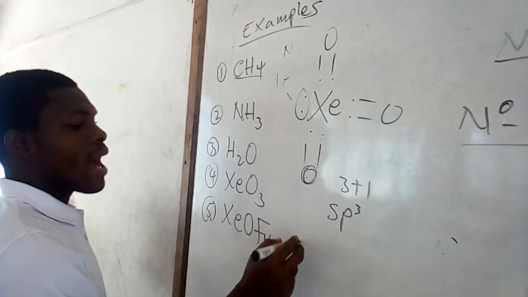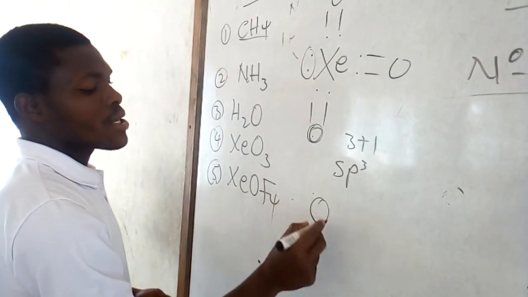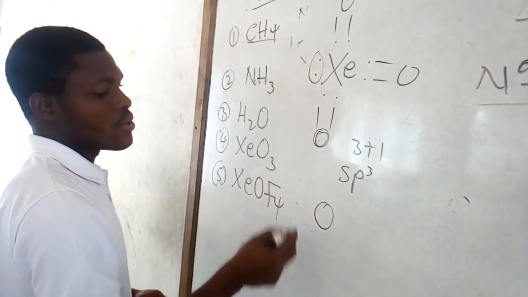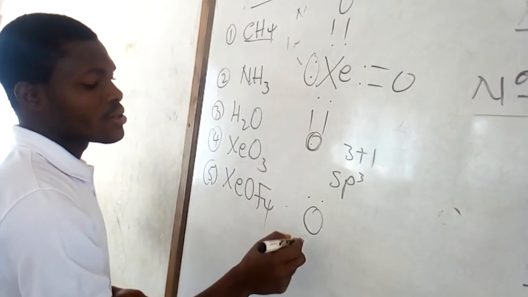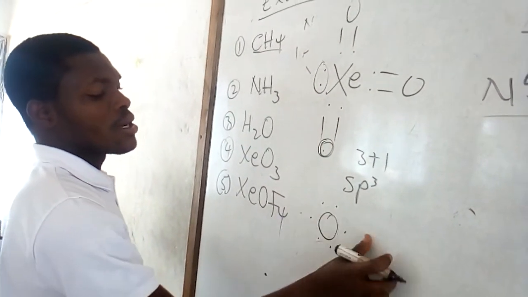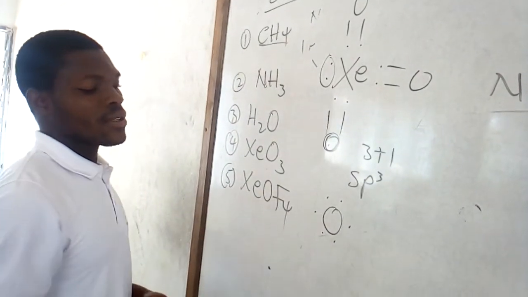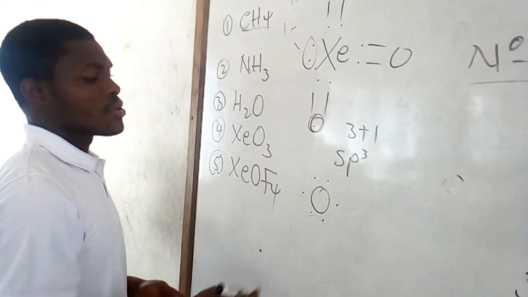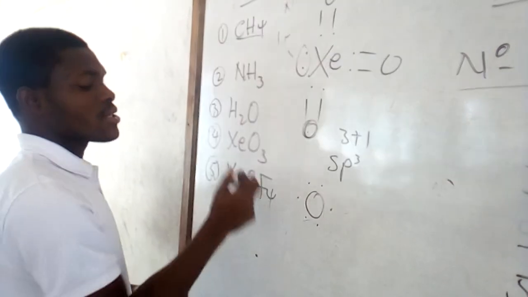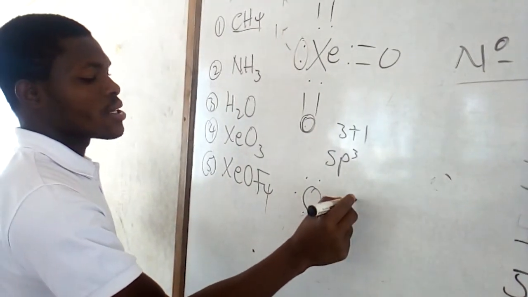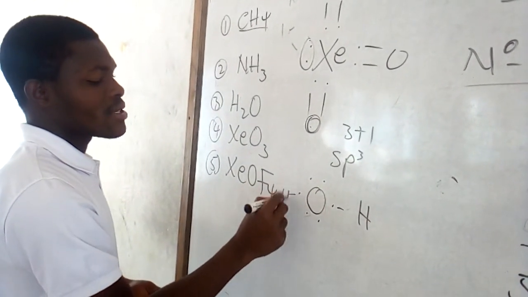Okay, let's consider water. In water, the central atom is oxygen. You know that oxygen has 6 valence electrons. So the oxygen will share a bond with this hydrogen as well as this.